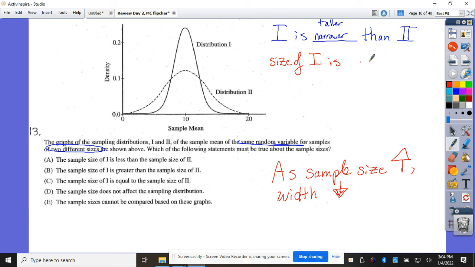No, like the population or the sample size. So this one is narrower, a width is smaller, which means that sample size is larger.